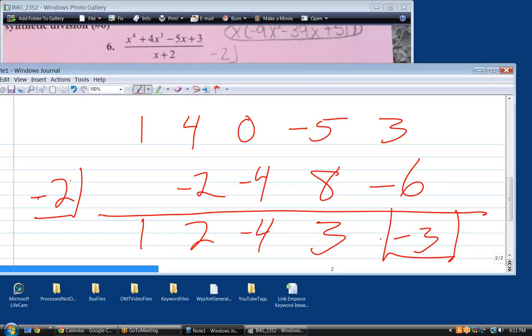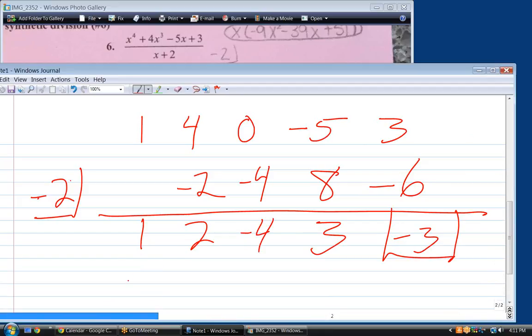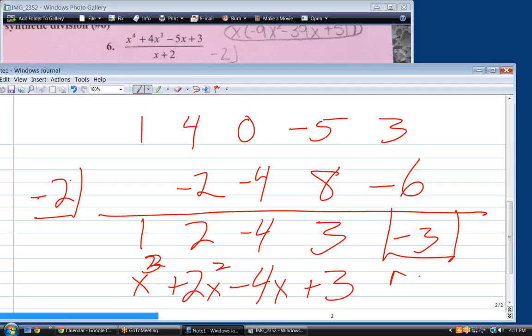And again, I could turn this answer into a polynomial. In other words, that's x cubed plus 2x squared minus 4x plus 3 with a remainder of negative 3 divided by x plus 2.